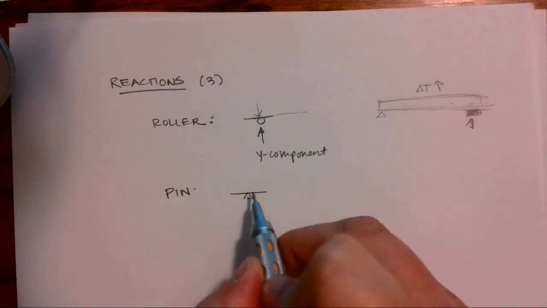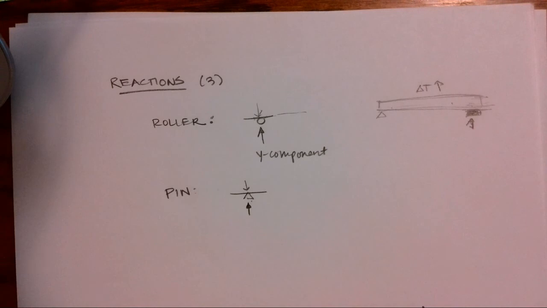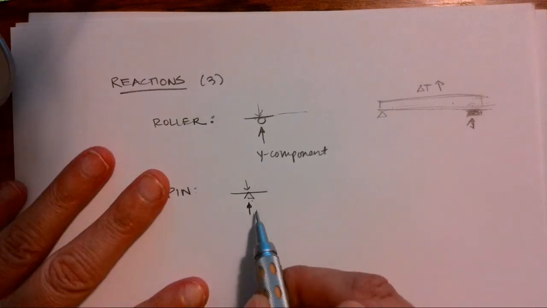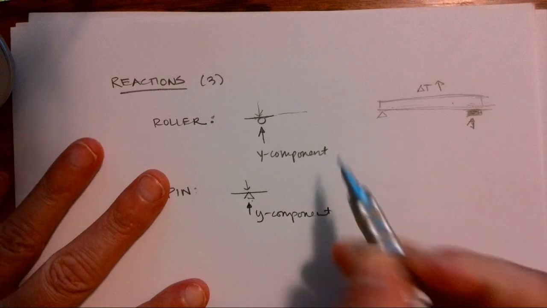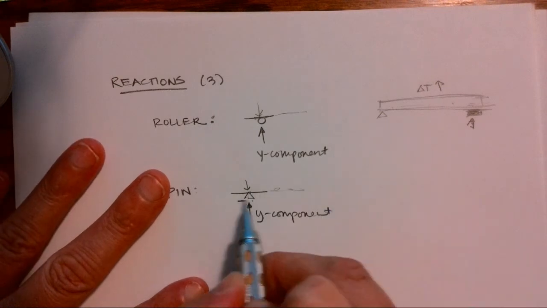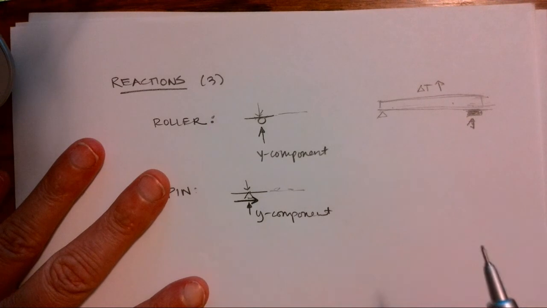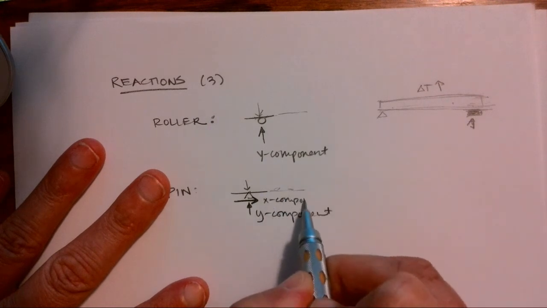If I stand right here, nothing is going to happen in terms of translation, so I will develop a y component reaction. If I try to pull on it or push on it, it's stuck in place because of that pin, just like a door. And so we develop an X component because translation does not take place.